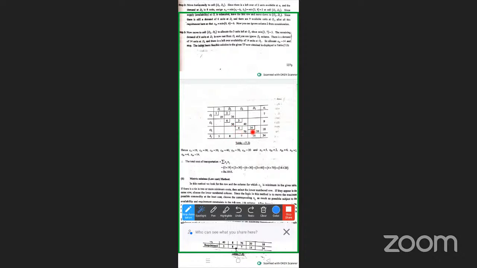So this is the total transportation cost. These are all the allocations. Therefore, the total transportation cost is 1015 rupees by using the northwest corner rule.